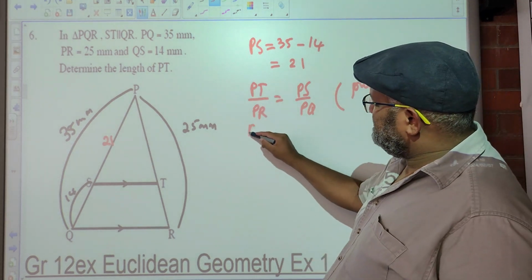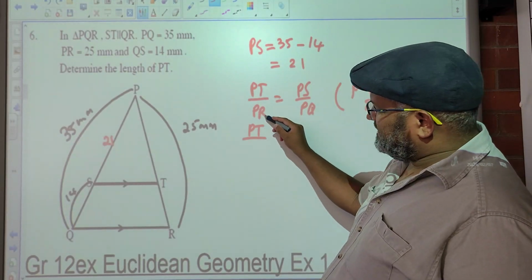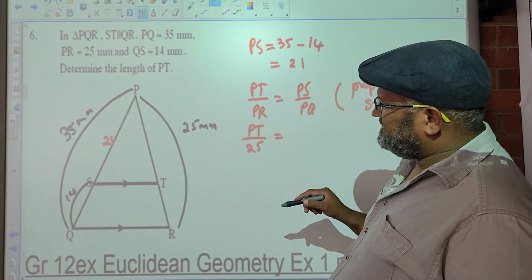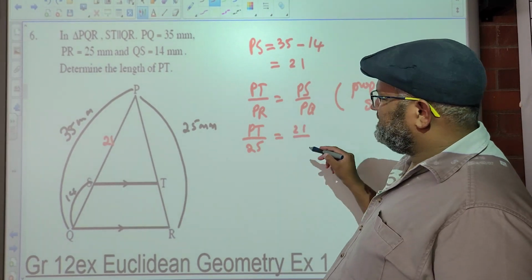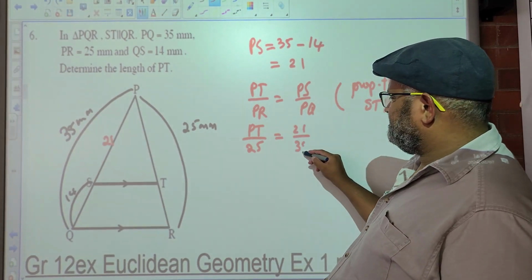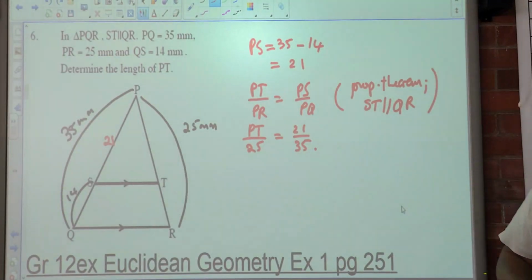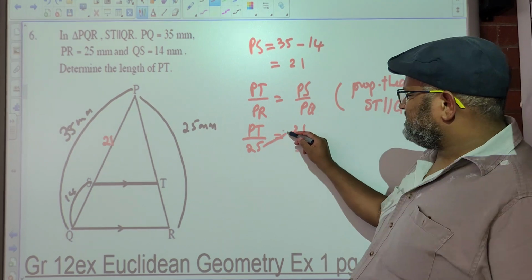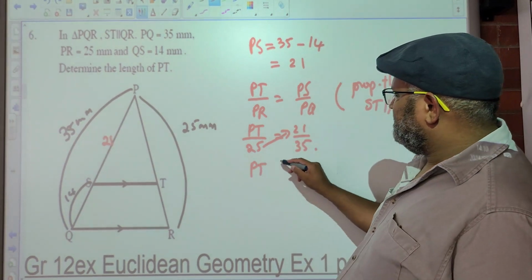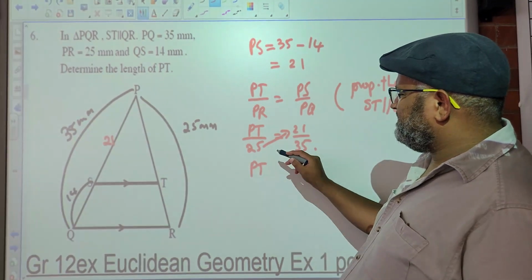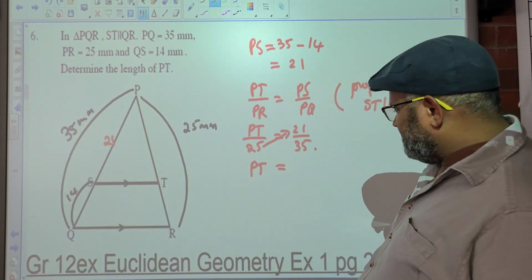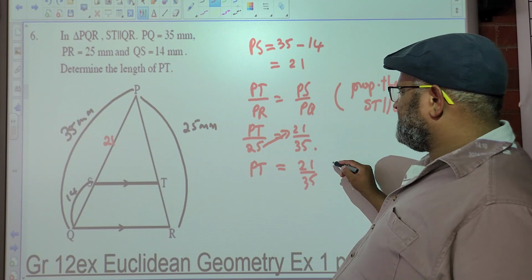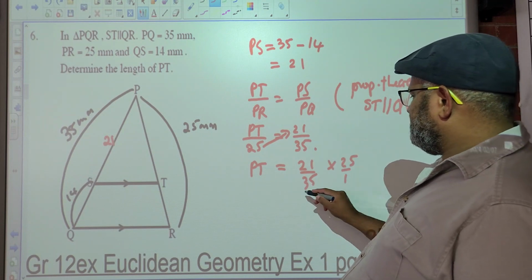So PT over PR. What is PR? 25 is equal to PS, which is 21 over 35. Did I write in the previous sum the reason? Yeah. The cross multiply. So PT is 21 over 35 times 25 over 1.